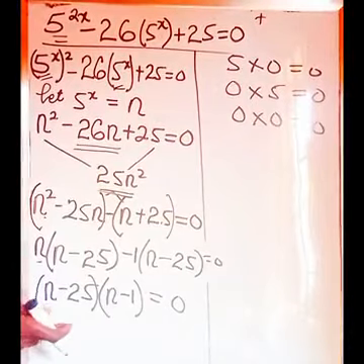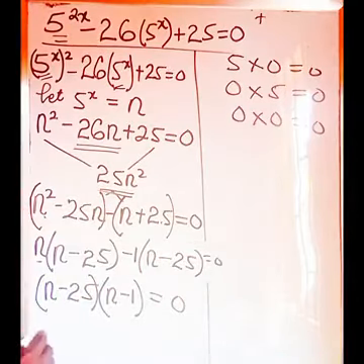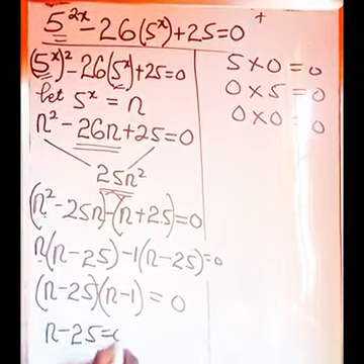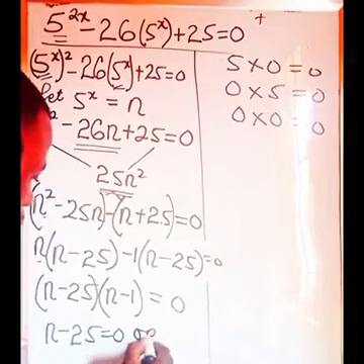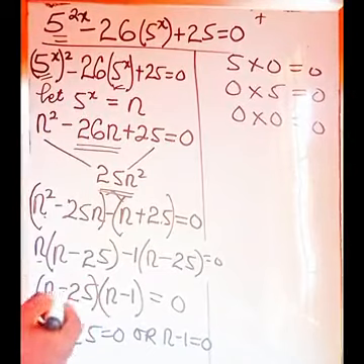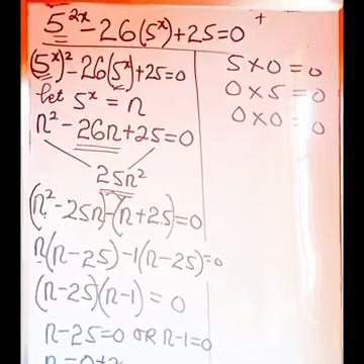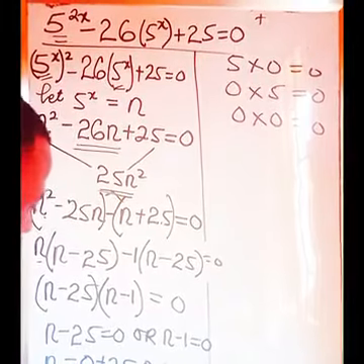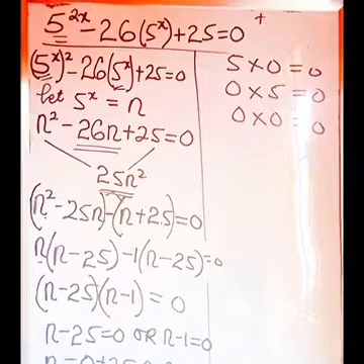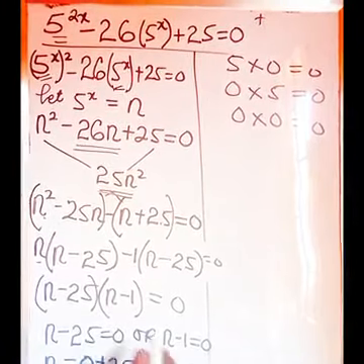Because we don't know which one is equal to 0, we have to equate each of them to 0 in turn. So we have n minus 25 equal to 0, or n minus 1 equals to 0. That means n is equal to 0 plus 25, or n is equal to 0 plus 1. So n is equal to 25 or 1.